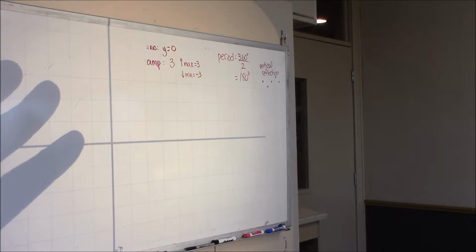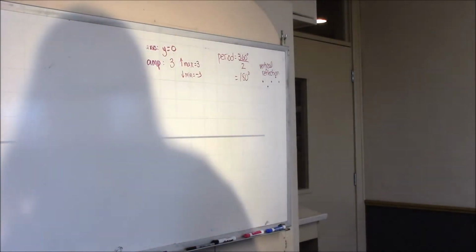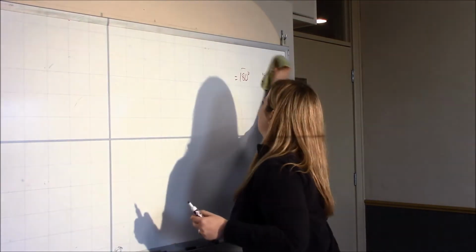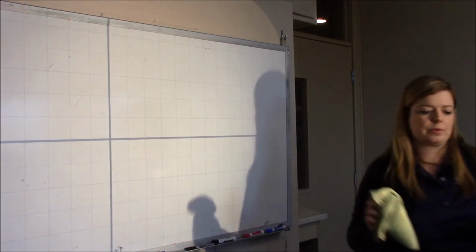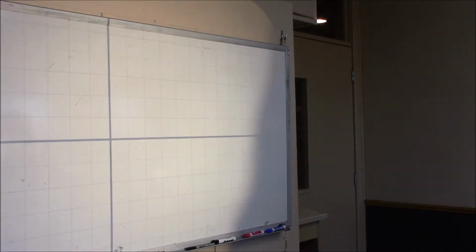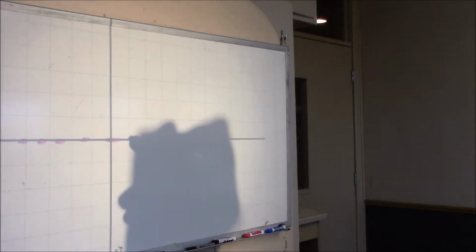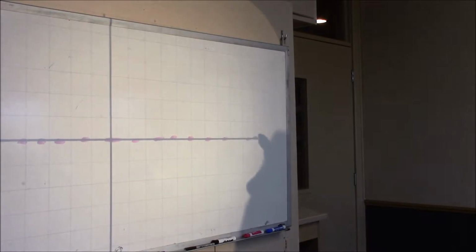I'm going to label my axis, even though it's just where the x-axis is. I'm still going to put a dotted line. You might not really be able to see it on yours, but at least label it, y equals 0.